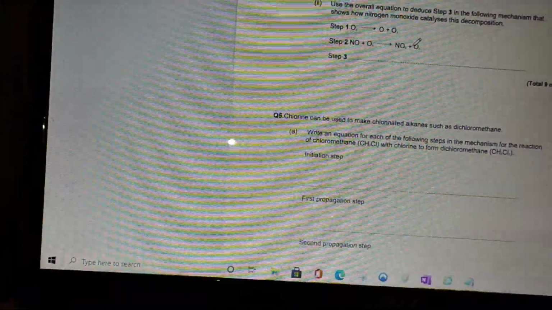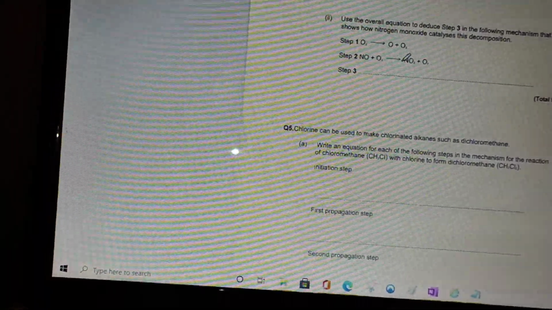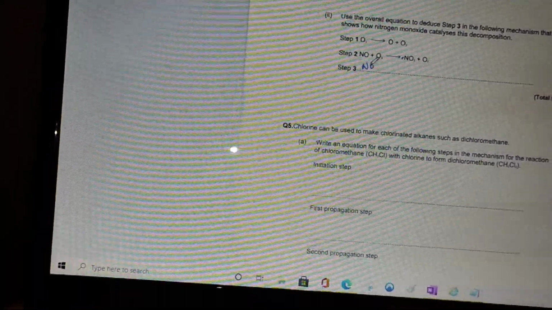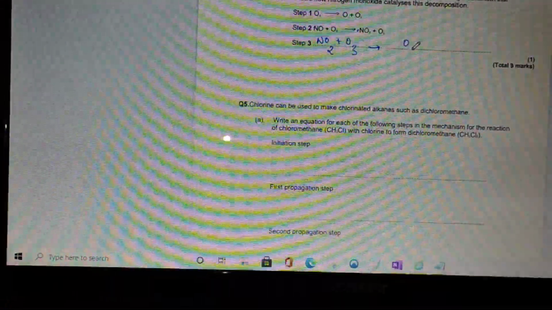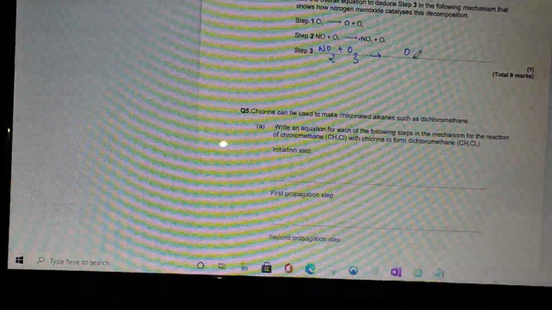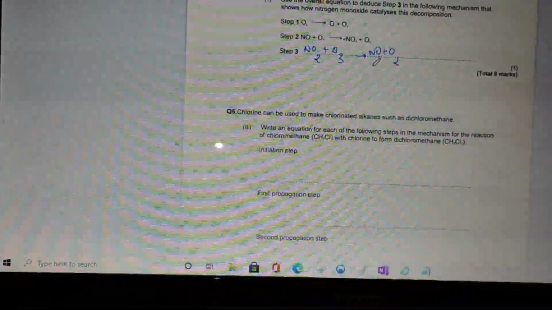But again, this is our, you can say, second propagation step, on how similarly our O2 should be generated again, plus our NO, respectively.